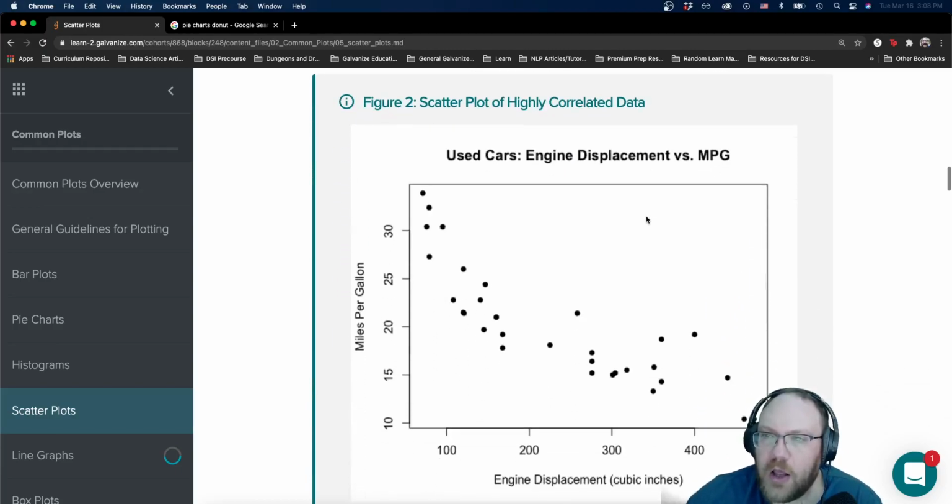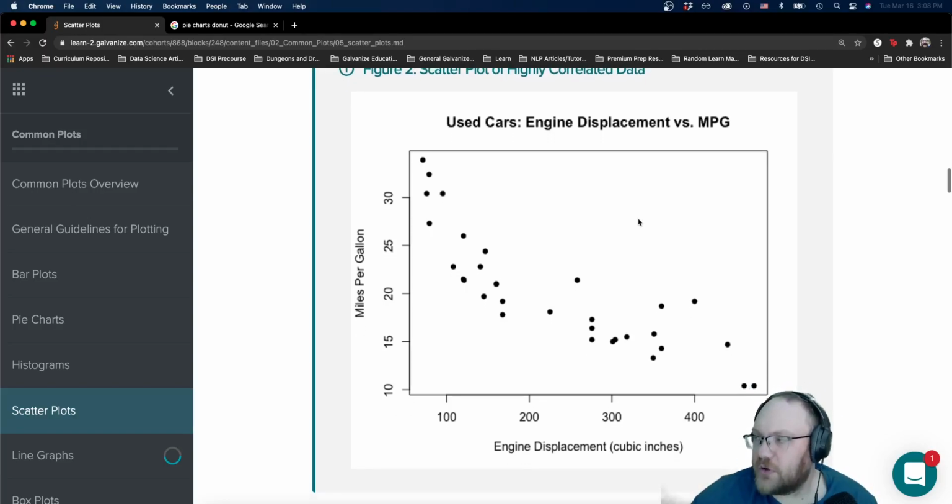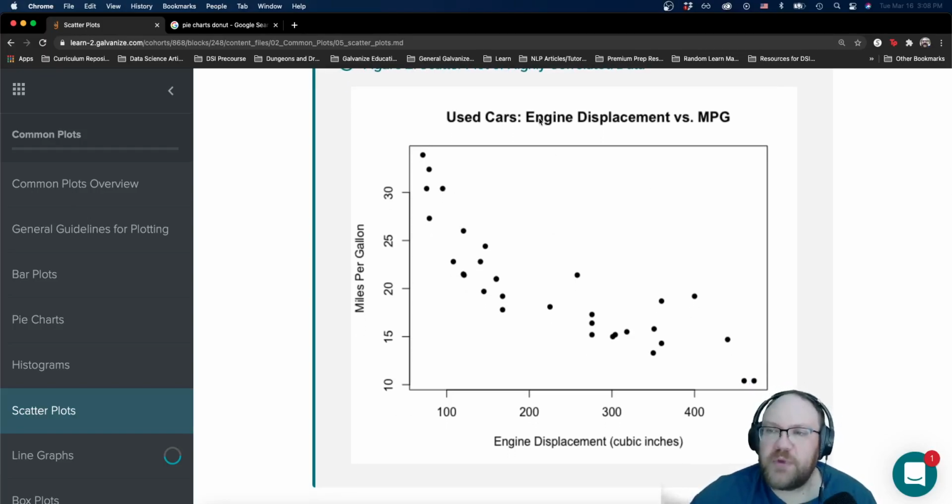Now, if we look at some data that's from the same data set but was chosen a little bit more scrupulously to be data which is correlated, now I'm looking at engine displacement versus miles per gallon. Right.